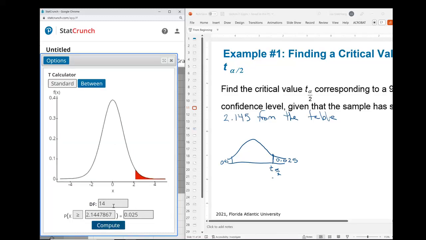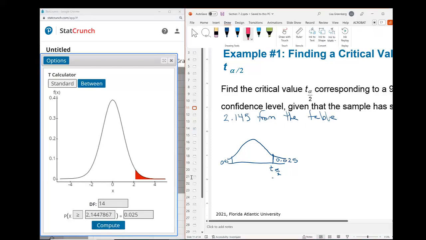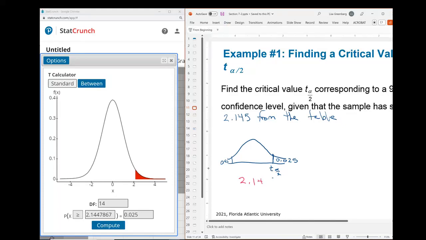I hit compute, and there we have it. Same value, what it should be. So we get 2.145 from T calculator. Okay, and that's our critical value.